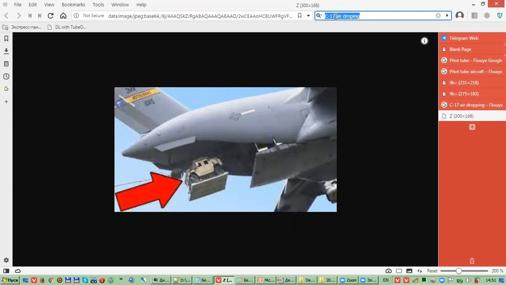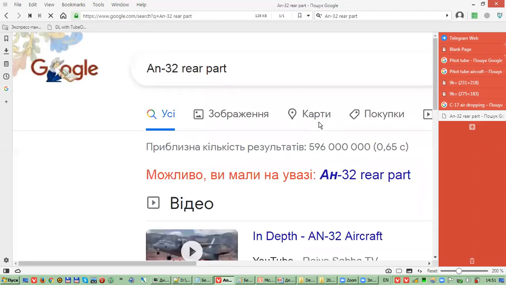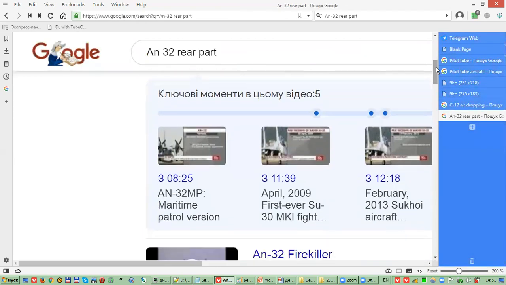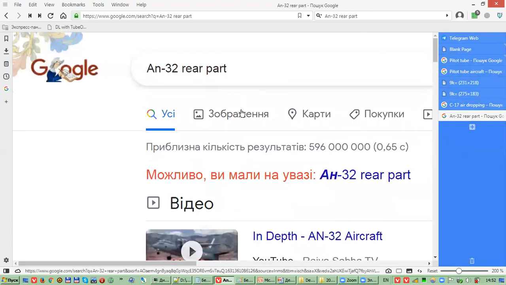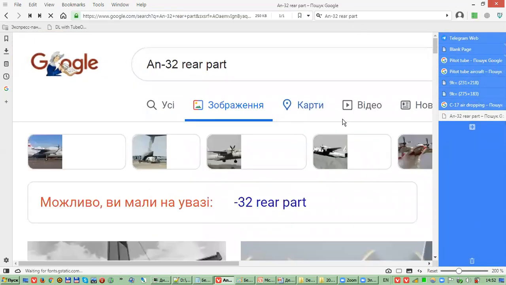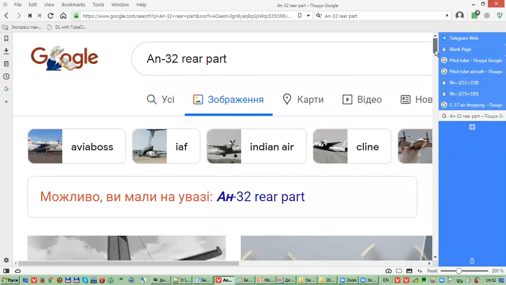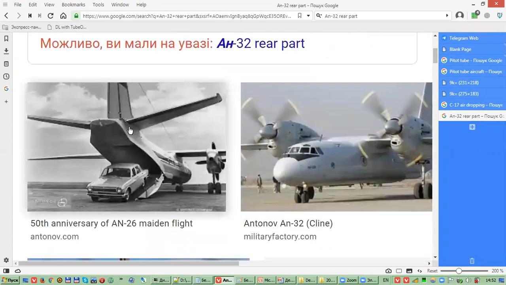For example, a different airplane has some strakes, but more enlarged. If I find a good picture. For example, An-26.